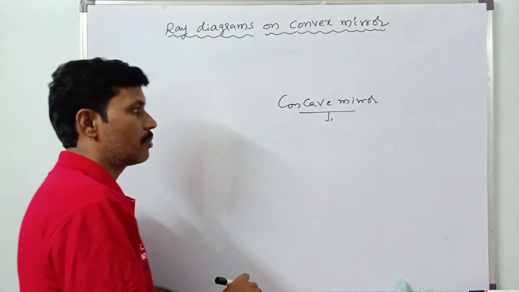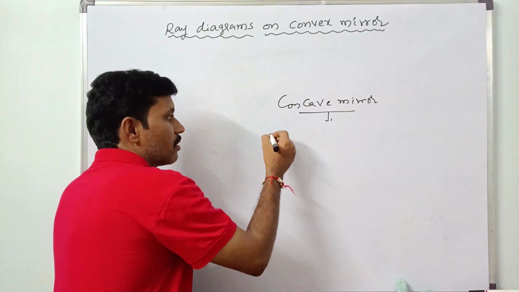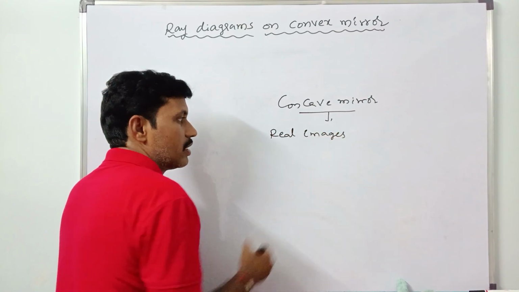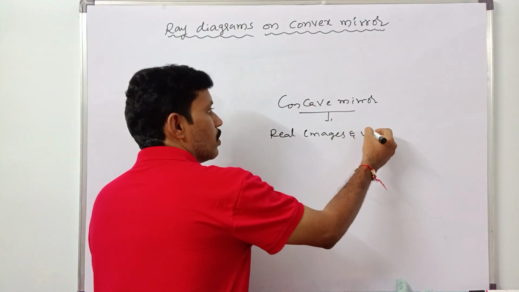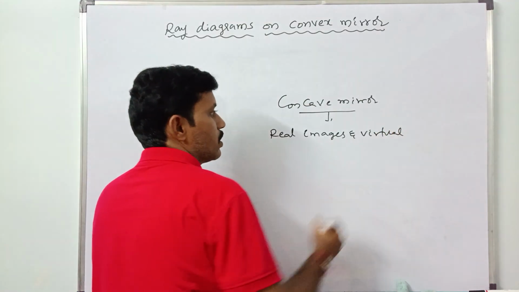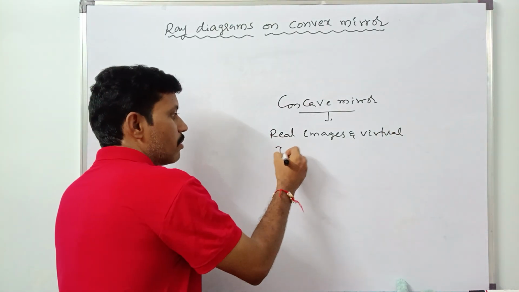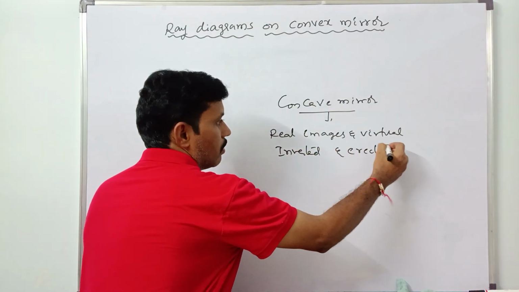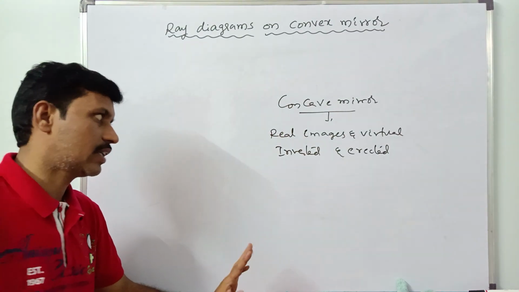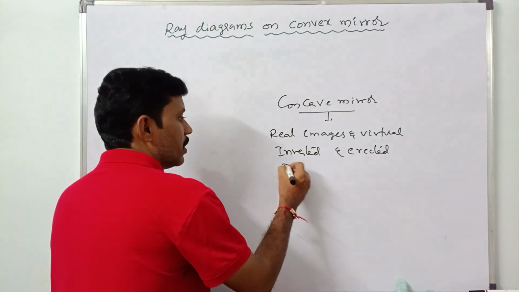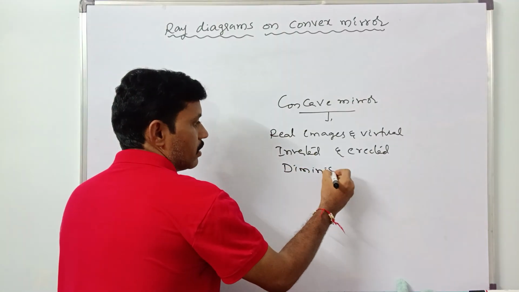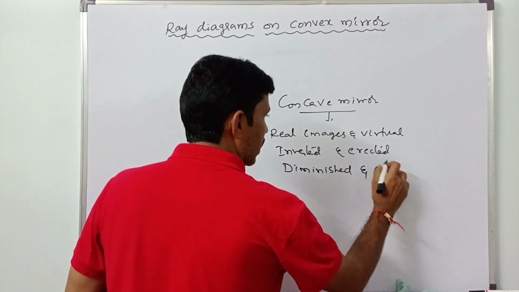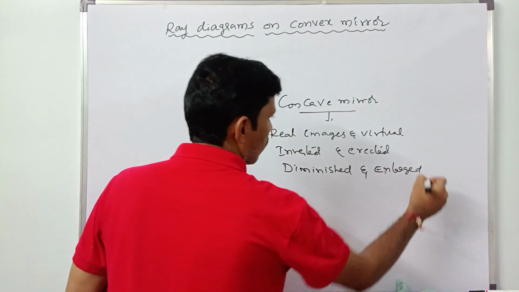Concave mirror forms real images as well as virtual images, and it forms inverted as well as erect images, diminished and also enlarged and highly enlarged images in this case.